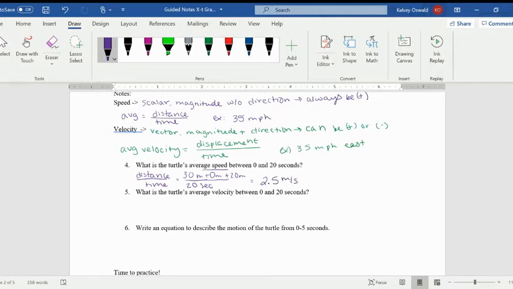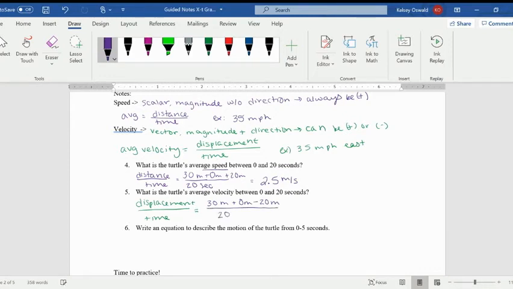That is going to be different than our velocity, because for velocity, we're going to use our displacement over time. Okay, remember, with displacement, we take into account direction. So we'll still have our 30 meters that we traveled forward, the 0 meters where we stood still. But here we're going to subtract the 20 meters that we traveled backwards. Okay, so with displacement and velocity, we're taking into account the direction.